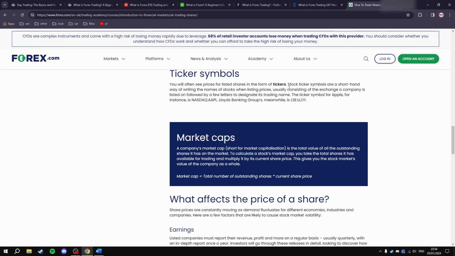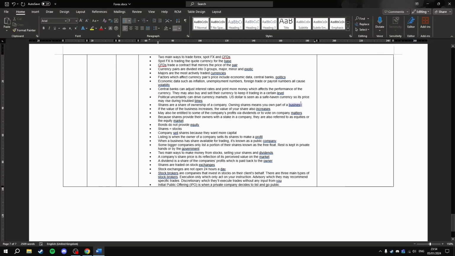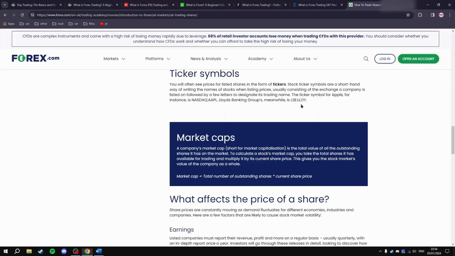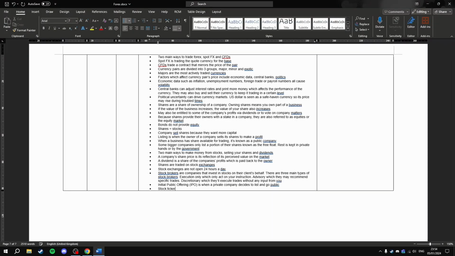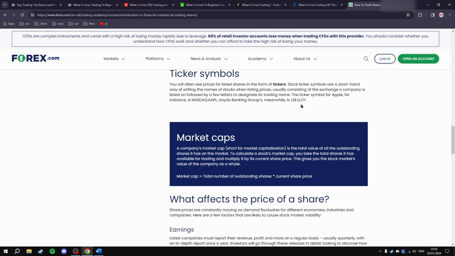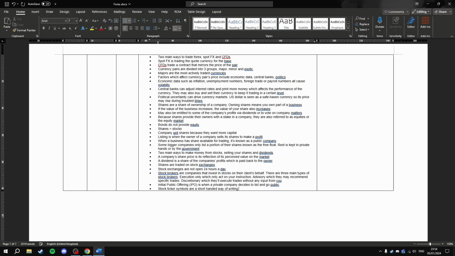Stock ticker symbols are a shorthand way of writing the names of stocks when listing prices.